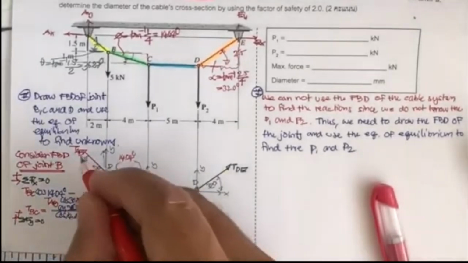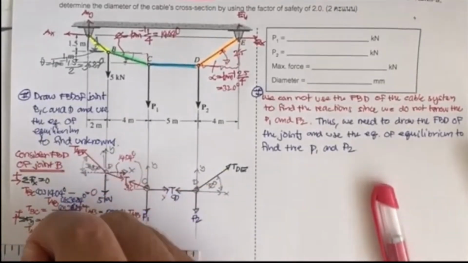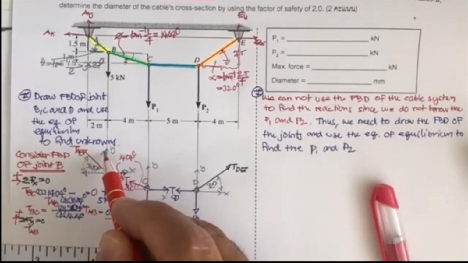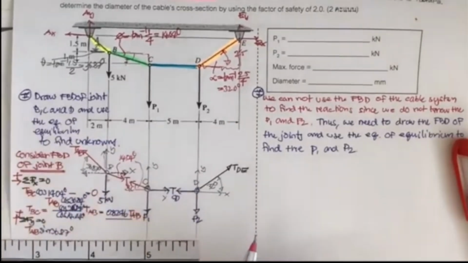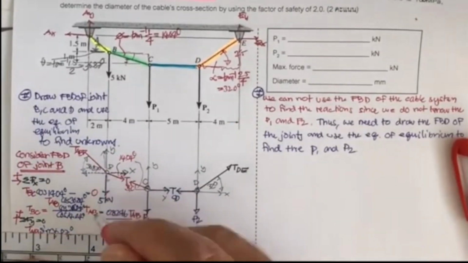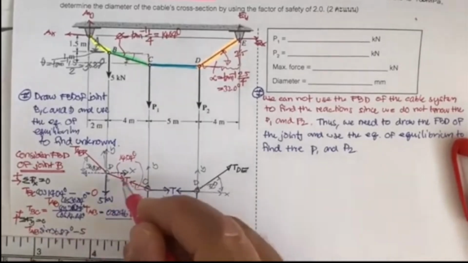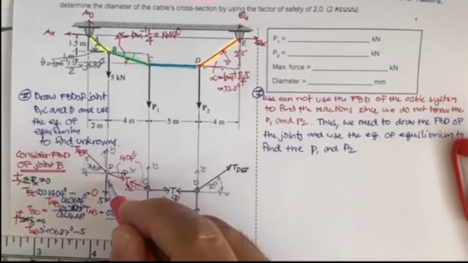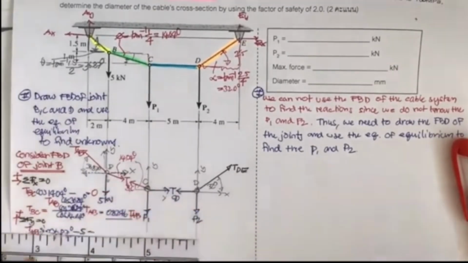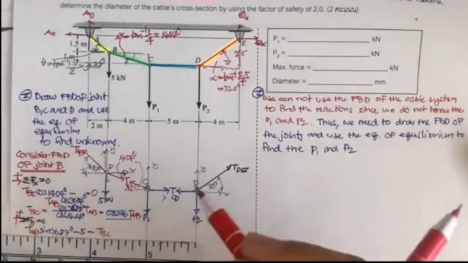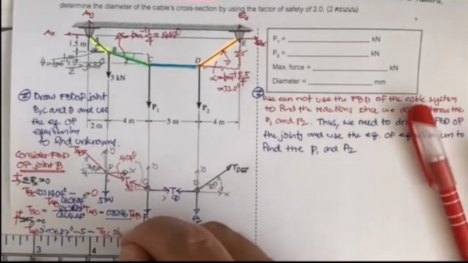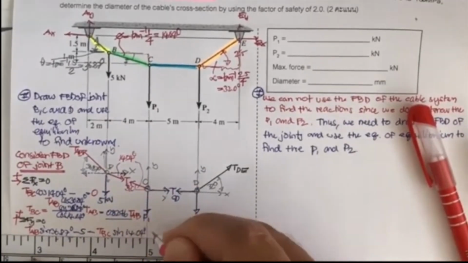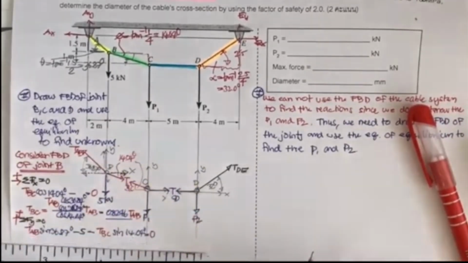So you have T sub AB, and when it goes up like this, it's going to be sine 36.87 degree, and then 5 is down, minus 5. And this one also, when you project this, the T sub BC is going to be downward, minus T sub BC sine 14.04 degree, and put this to be 0.